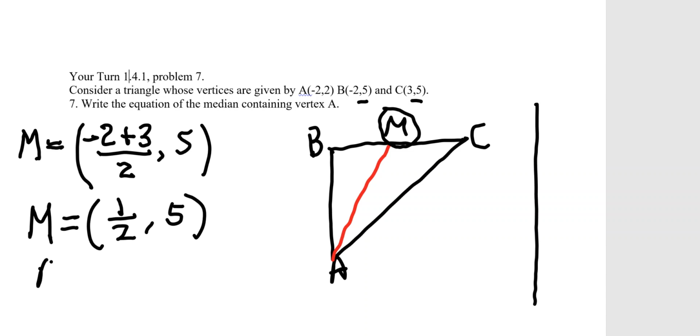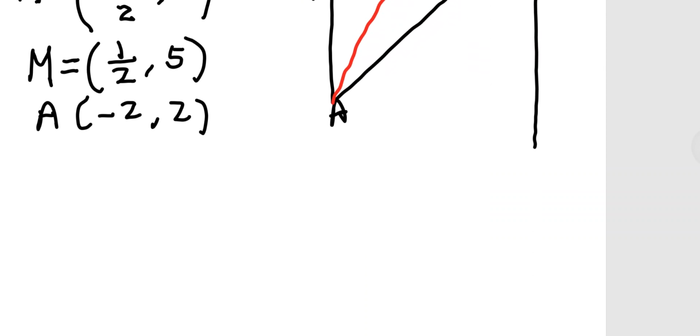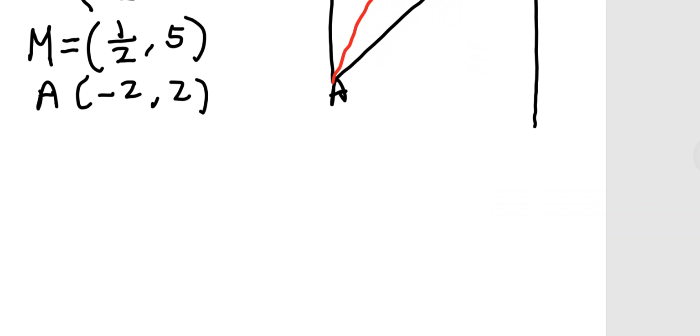And point A is -2, 2. So now I have all the information to proceed to write the equation containing the midpoint M and point A. So I'm going to find the slope first using our formula y2 minus y1 over x2 minus x1.